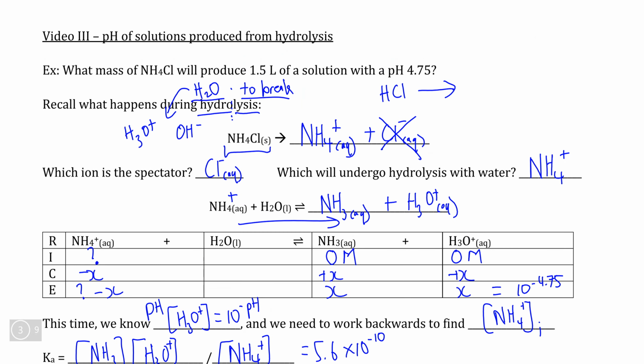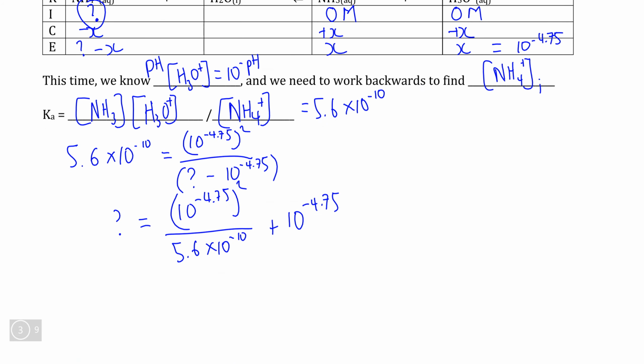Now, I'm not going to actually put all of this into the calculator yet, because if we take a look at what our question is supposed to solve, we're not actually looking for this initial concentration of NH4. We're looking for the initial mass of NH4Cl that we need in order to get a solution with this pH. So even if you put all of this into a calculator, this is not our final answer, because we're not looking for the moles per liter of NH4.